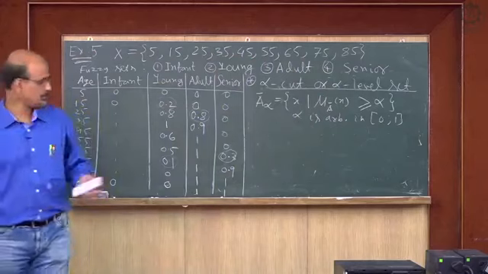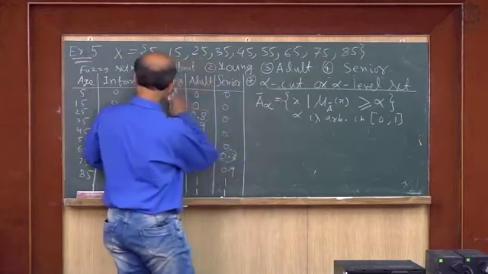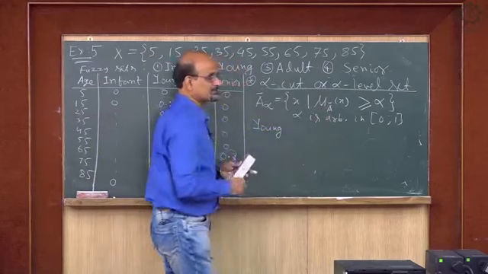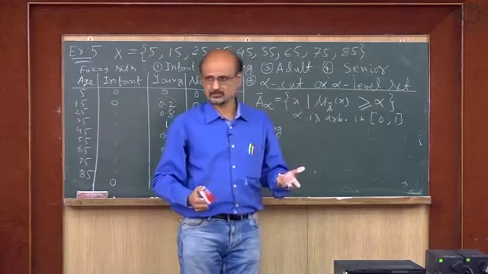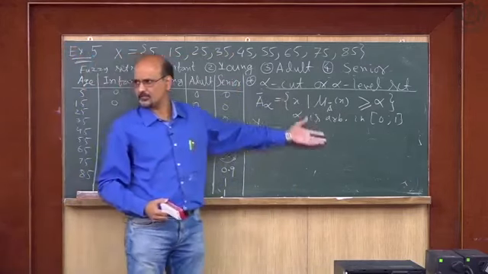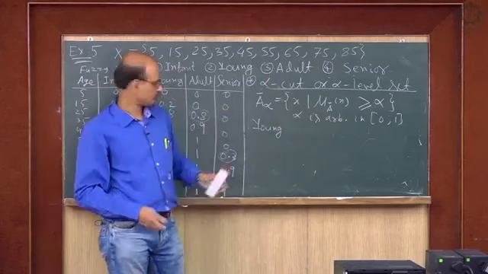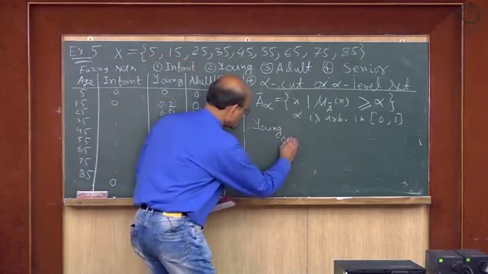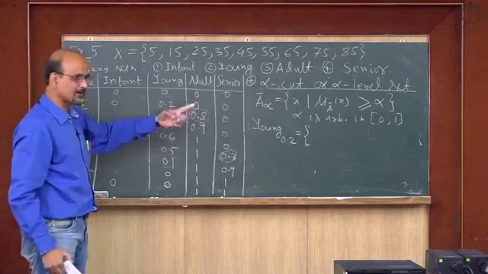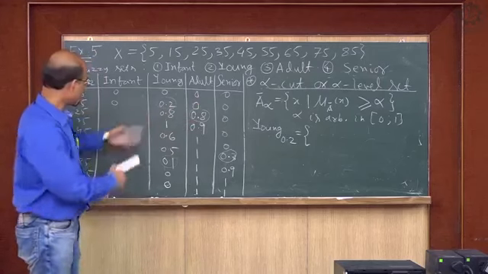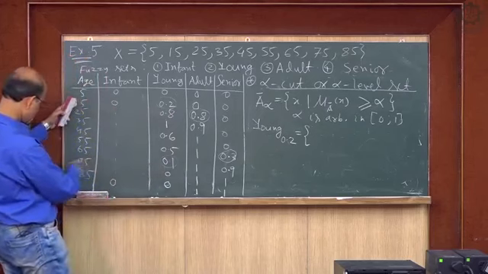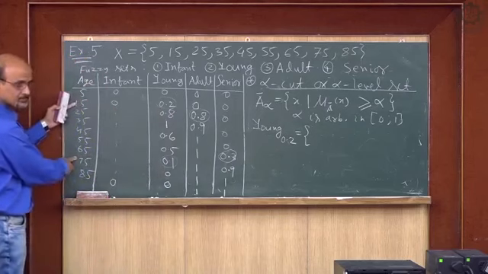So if I want to find this for the fuzzy set young, you see the alpha cut set will be a crisp set. Alpha cut or alpha level will be a crisp set. Now young 0.2, what will be that set? It should be greater than or equal to 0.2. So it should be from here to here, from 15 to 65.